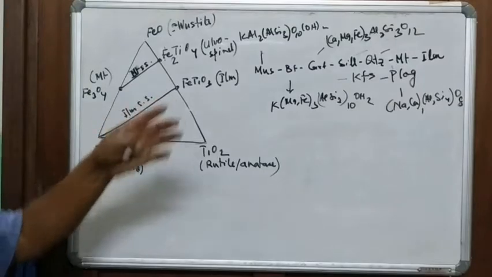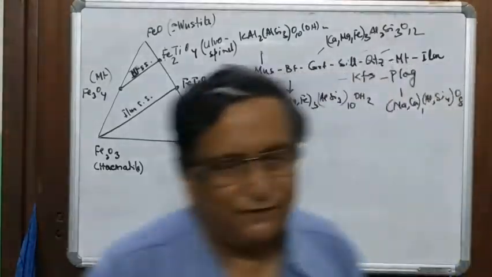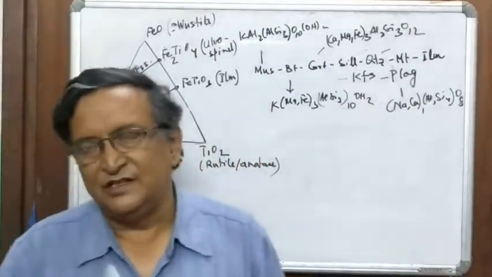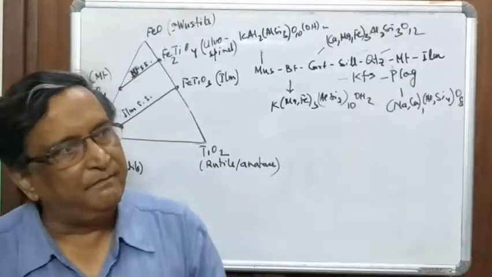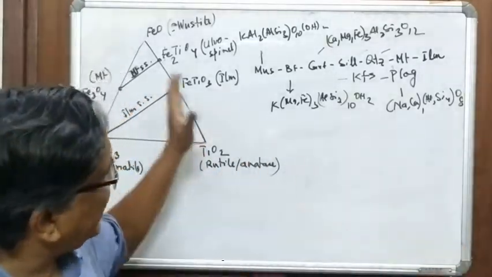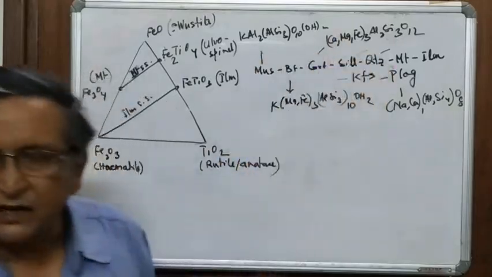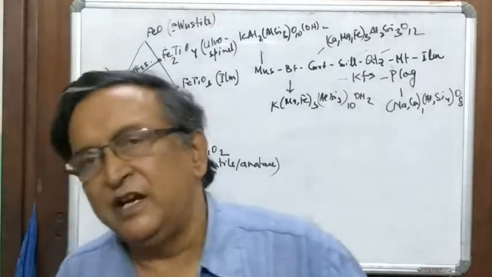By this time you have become experts in finding out system components, phase components, phases, degrees of freedom and number of independent reactions. As soon as I give you the compositions, you can derive all those parameters, including independent reactions.